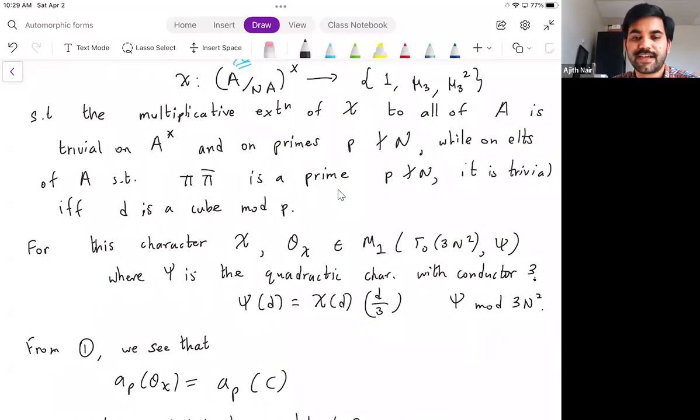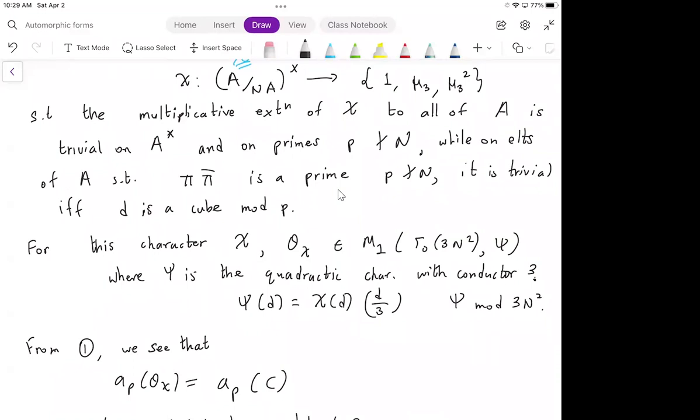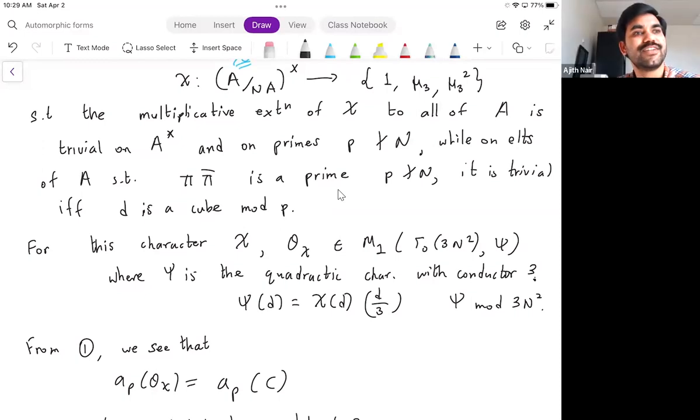It's a different question whether there is another character for which we get the same Fourier coefficients. I think it has to be, because if two modular forms have the same Fourier coefficients, then they are the same. Yeah, but these are only prime Fourier coefficients.